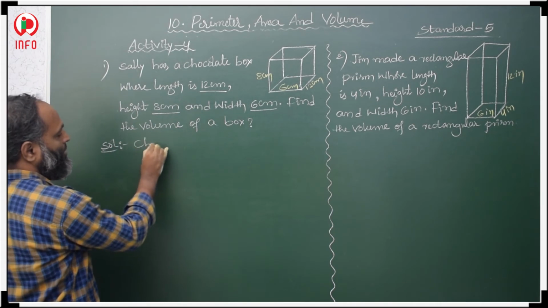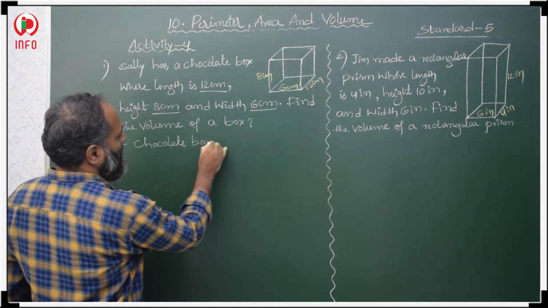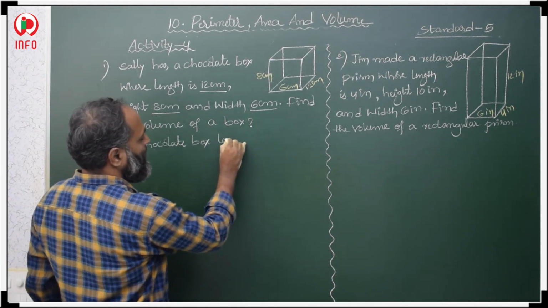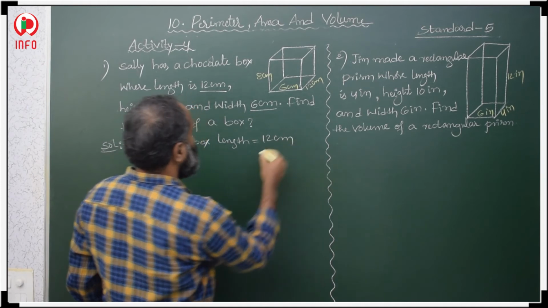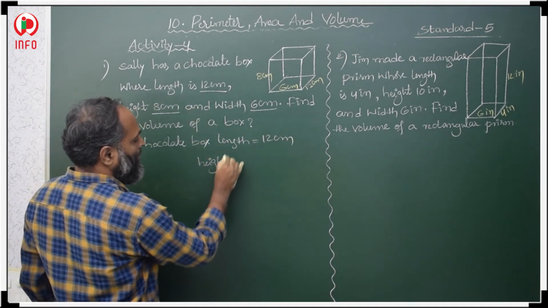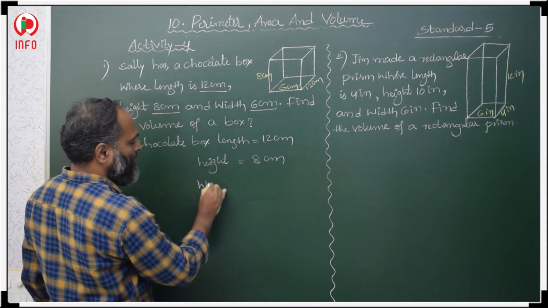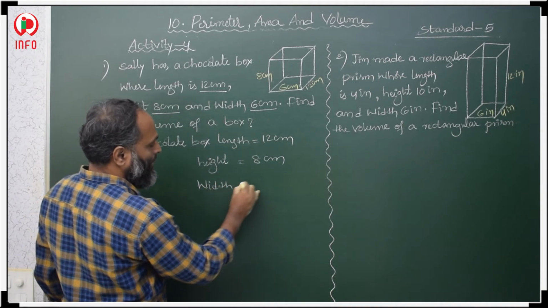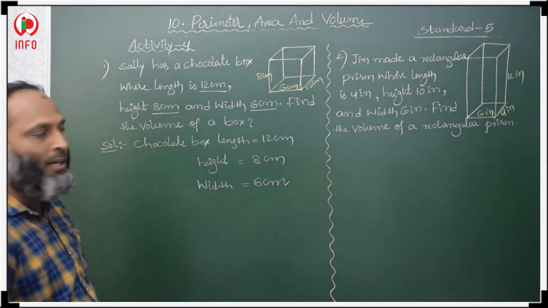So for the chocolate box, length is equal to 12 centimeters, height is equal to 8 centimeters, width is equal to 6 centimeters. Now we have to find the volume.